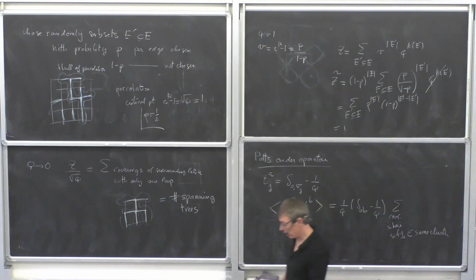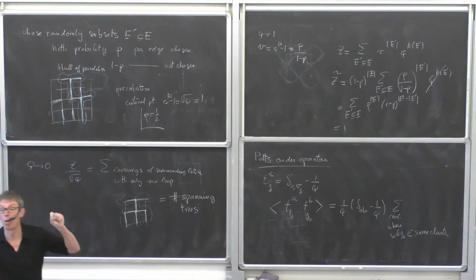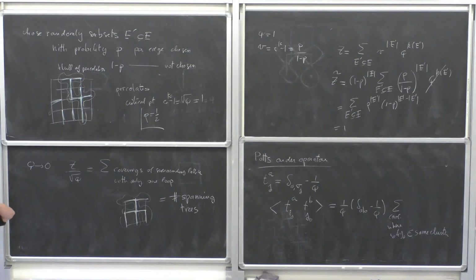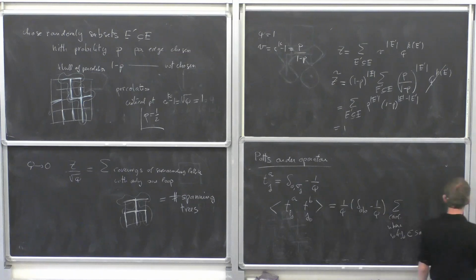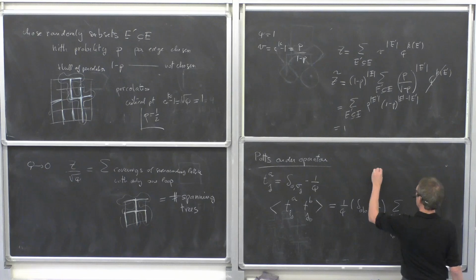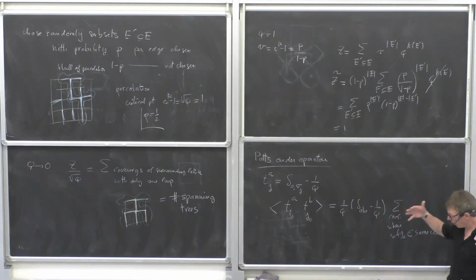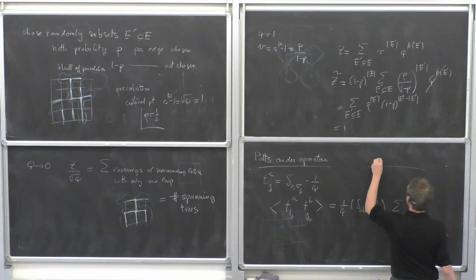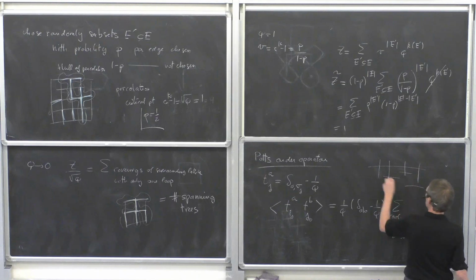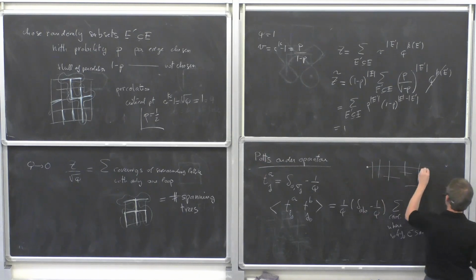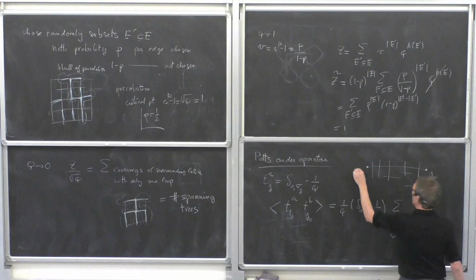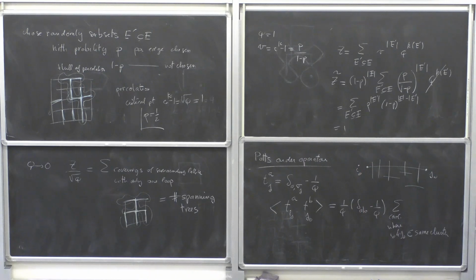In the Ising model, the order parameter 2-point function is the probability that the 2 points are extremities of a line connecting them. In the Potts model, the 2-point function of the order operator is related with the probability that the 2 points belong to the same cluster. It's kind of natural. They cannot belong to the extremities of the cluster. There is no such thing as extremities of clusters. So what you want to do when you look at the 2-point function of the order operator is look at the probability that 2 points belong to the same cluster.